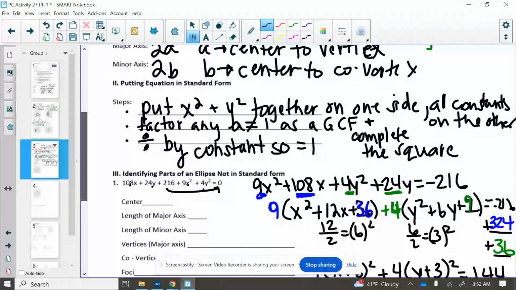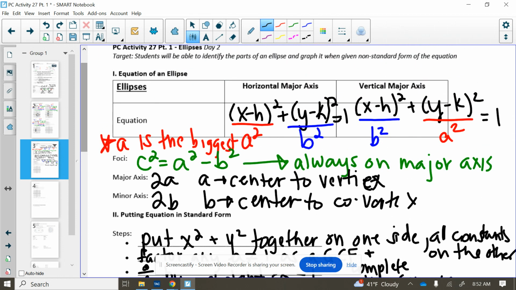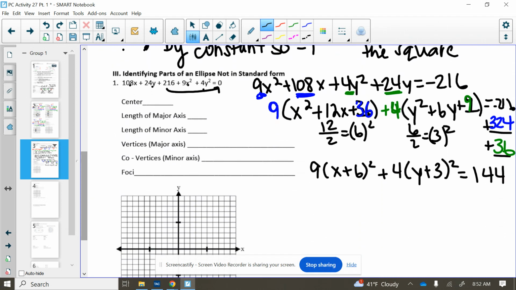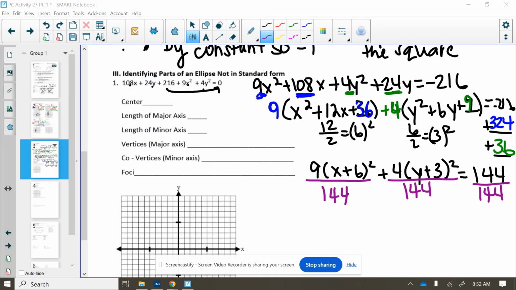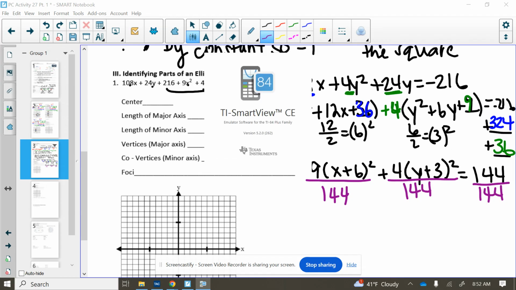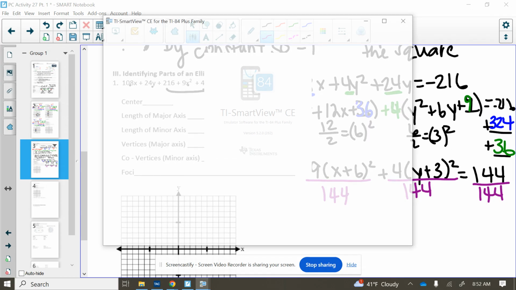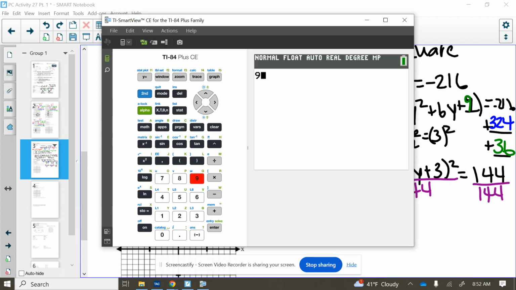Now, last but not least, we want to divide these pieces over because we always want this equal to 1. So if we divide everything by 144, the 9 and the 144 are going to reduce. 9 divided by 144 gets reduced to, in this case, 1 over 16.